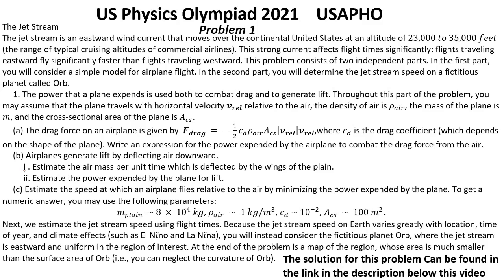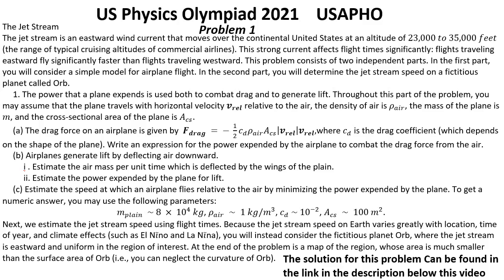Next, we estimate the jet stream speed using flight times. Because the jet stream speed on Earth varies greatly with the location, time of year, and climate effects such as El Niño and La Niña, you will instead consider the fictitious planet Orb, where the jet stream is eastward and uniform in the region of interest.